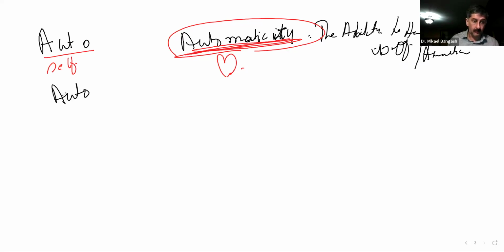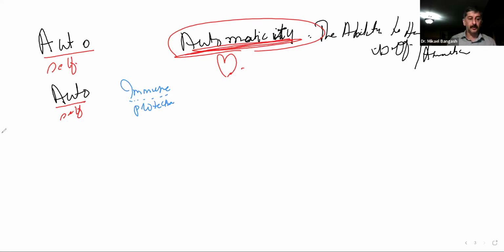We can say auto was self. Immune has to do with protection.